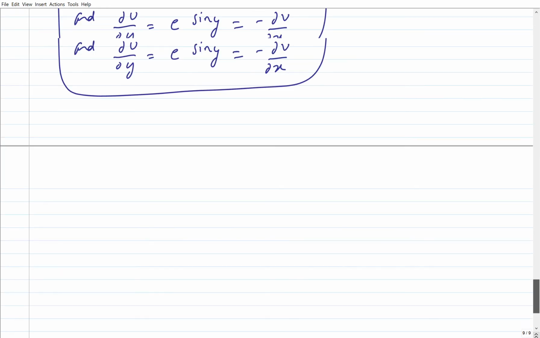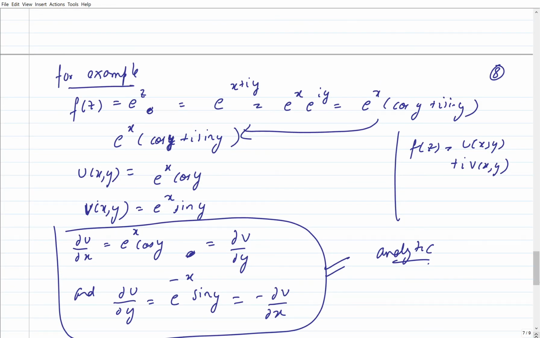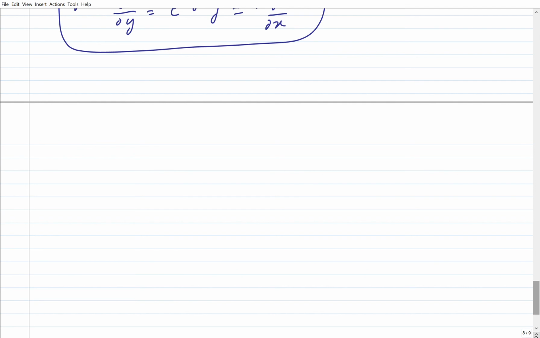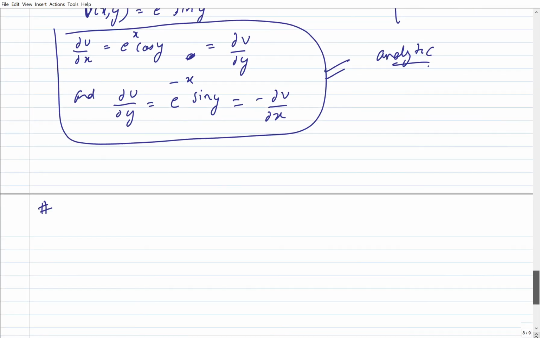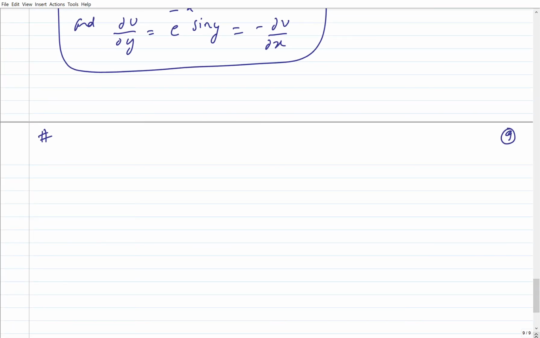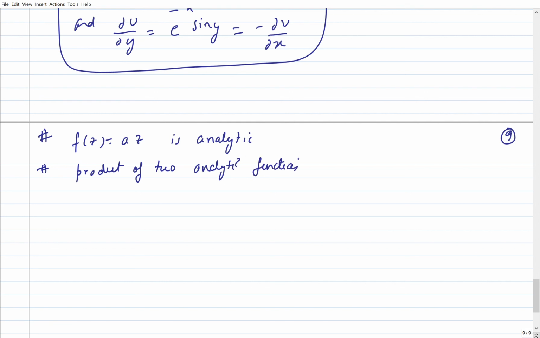So in general, we saw this for one function, e to the power of z, but in general it's not very hard to show that f(z) equals a z is analytic. I can also show that the product of two analytic functions is analytic.